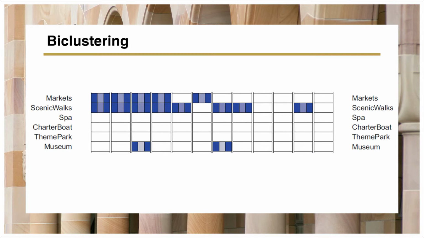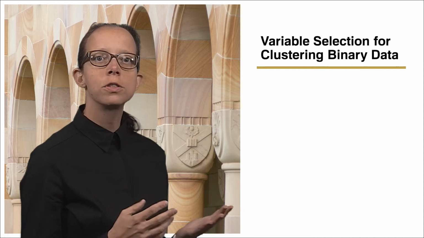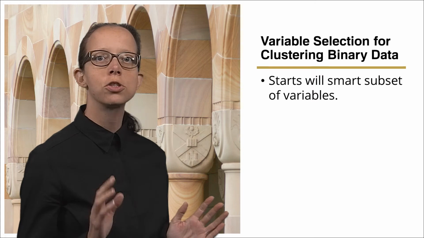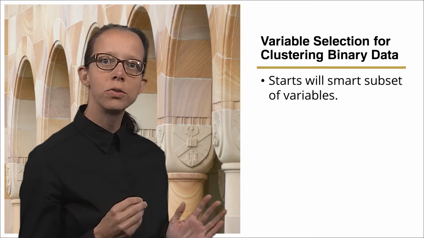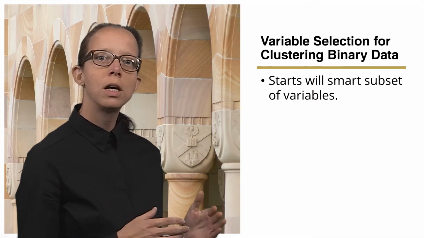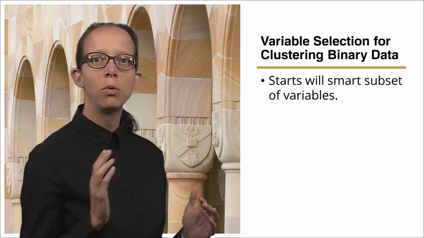Another approach for simultaneously extracting segments and selecting variables in the context of k-means clustering is so-called variable selection for clustering binary data. The basic idea here is the following. First, we find the best small subset of variables by trying all combinations of variables and selecting those with the best internal cluster index value. From here, we will try adding additional segmentation variables one by one.